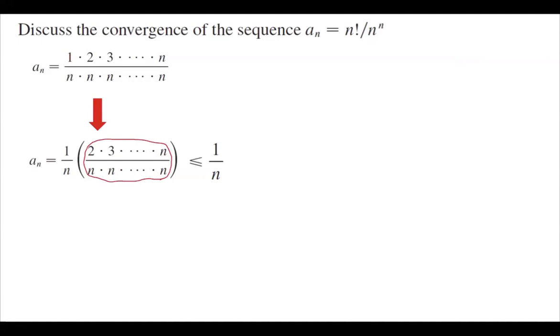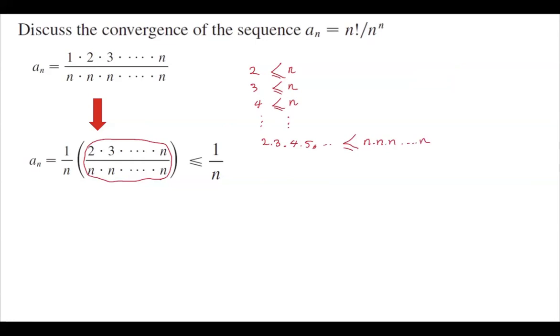Note that 2 is less than n, 3 is less than n, 4 is less than n. Or you can just add equality as well. So if I multiply 2 by 3, by 4, by 5, and the rest of them, it must be less than or equal to n times n times n times n.